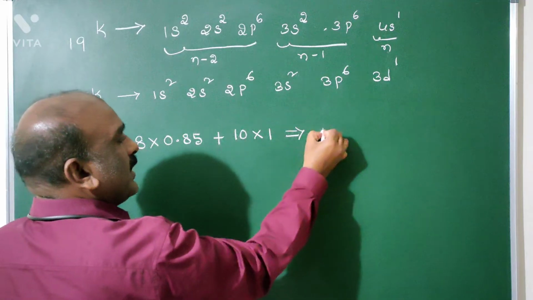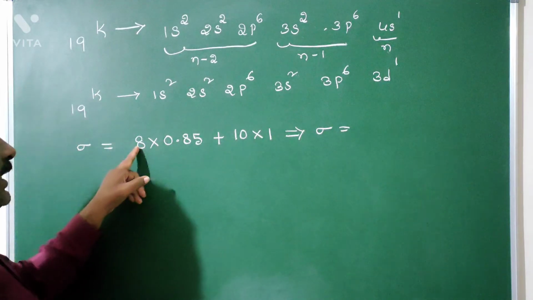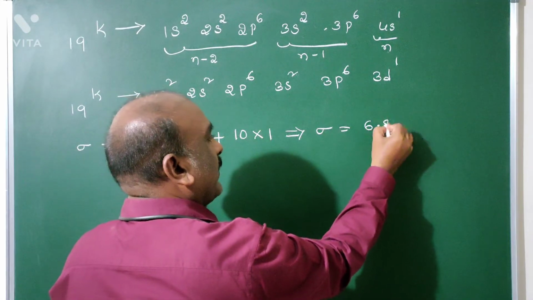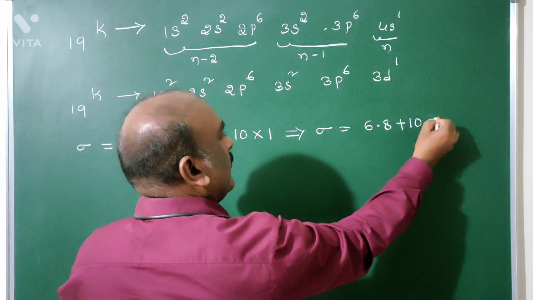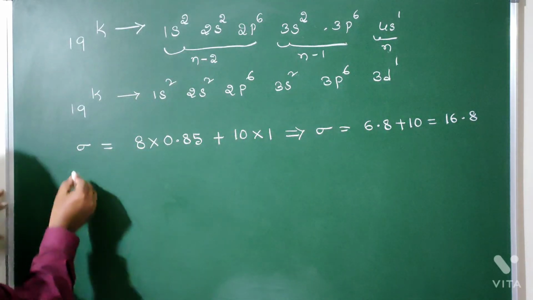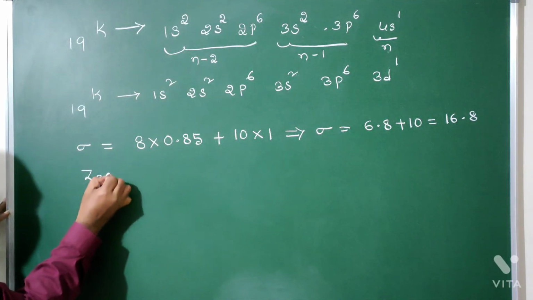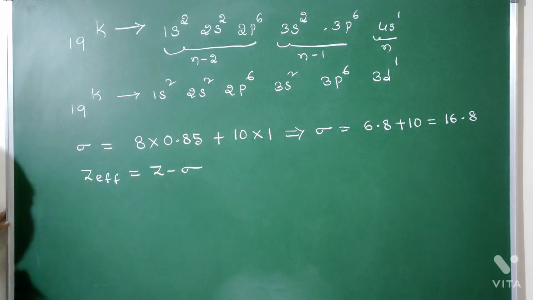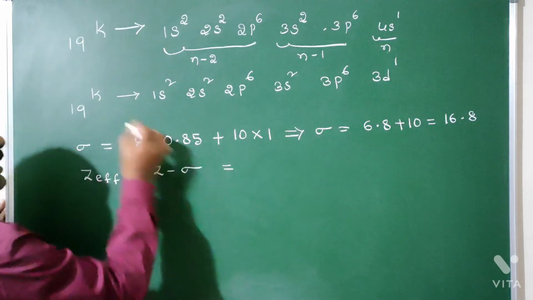So, sigma is equal to 8 into 0.85, that is 6.8, plus 10, it is 16.8. So, effective nuclear charge is equal to Z minus sigma. Z is the atomic number.